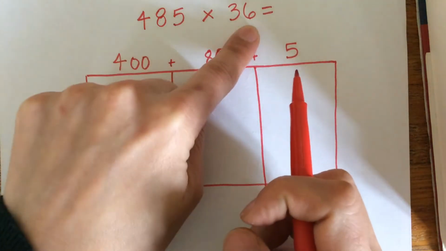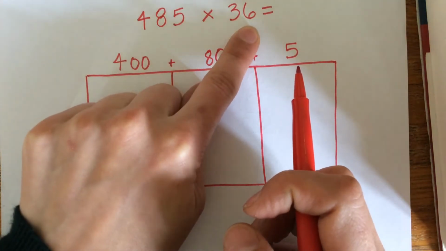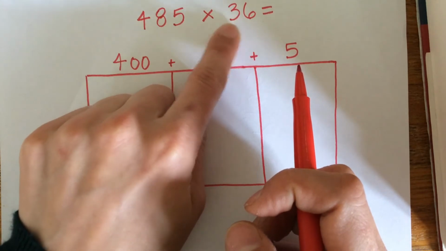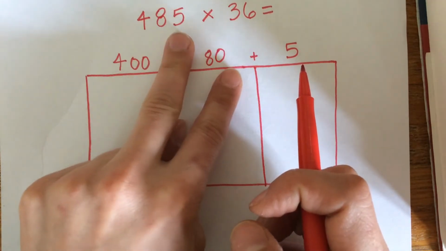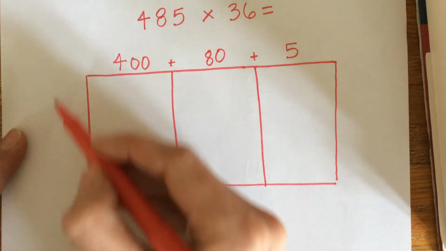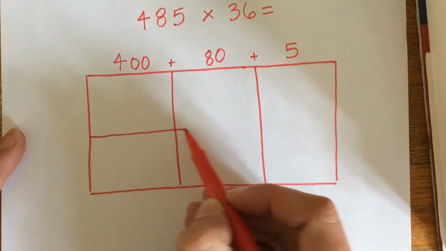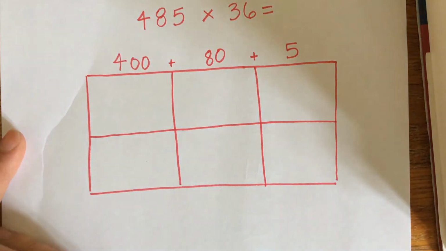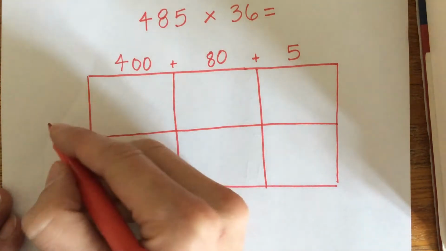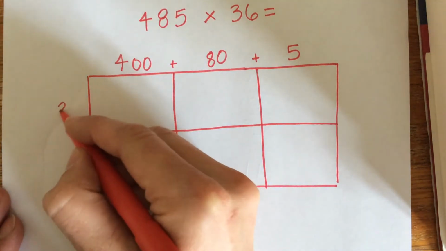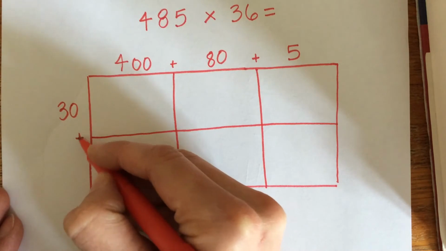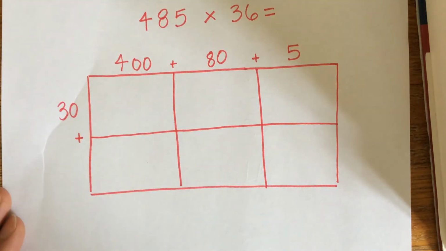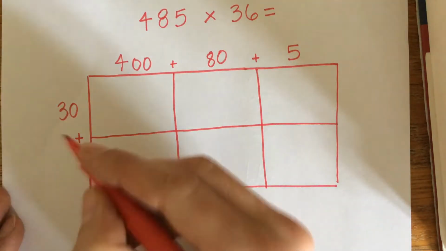And now we're going to turn to the 36. First, I'd like to ask you, how many digits are there? And you can see there are 2. And so that means on this side here, I'm only going to break it apart into 2. And what are the tens? And hopefully you said 30. And another plus sign. And what are the ones? And hopefully you noticed 6.